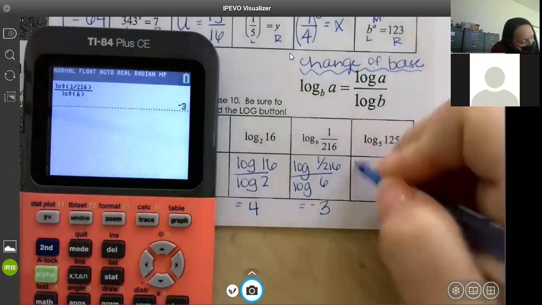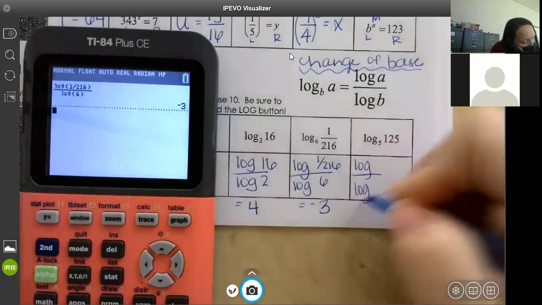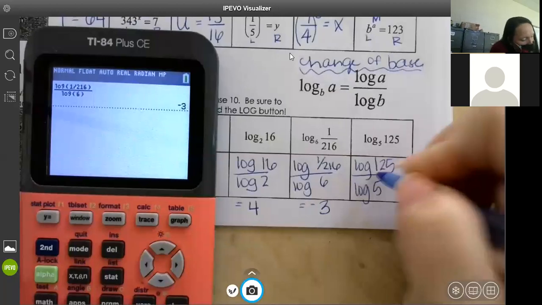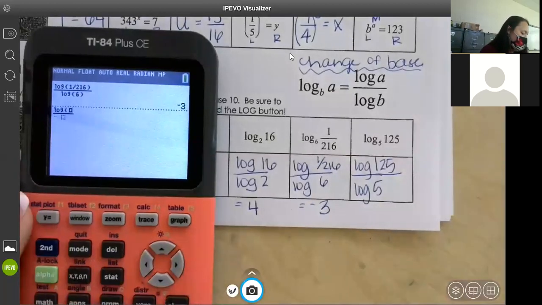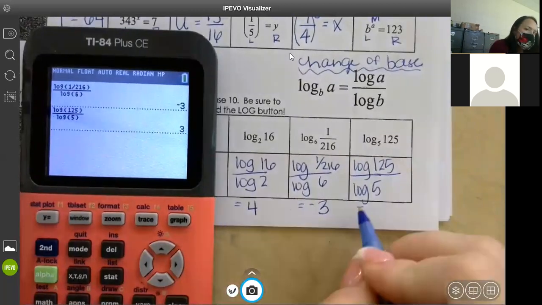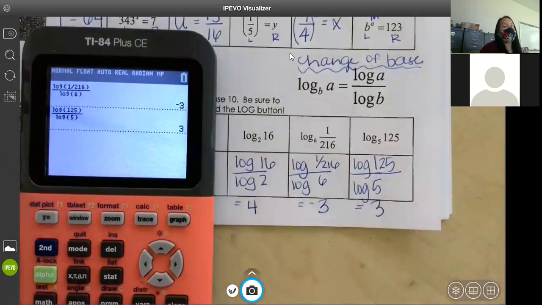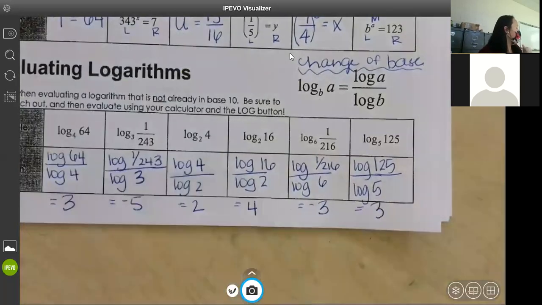And then the last one, base goes on the bottom, so 5 goes on the bottom, 125 goes on the top. Log 125 over log 5 gives us +3. Pretty simple, right? Not too bad. Okay.